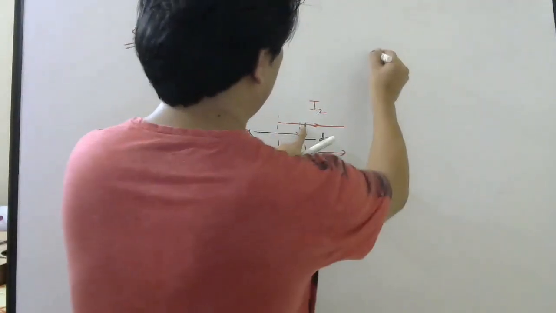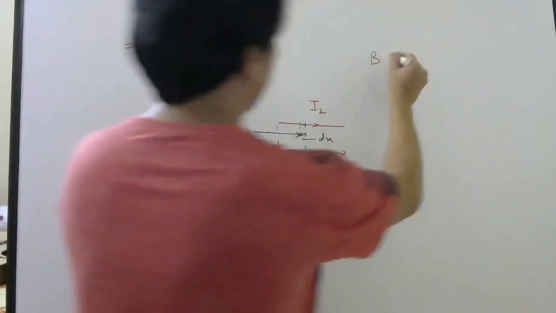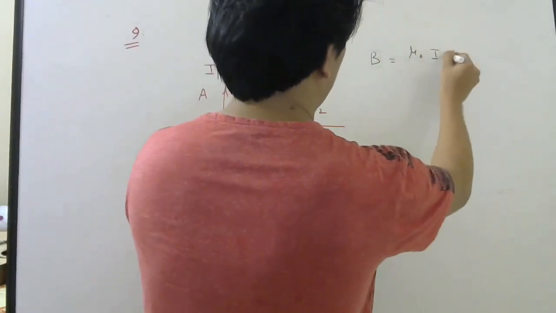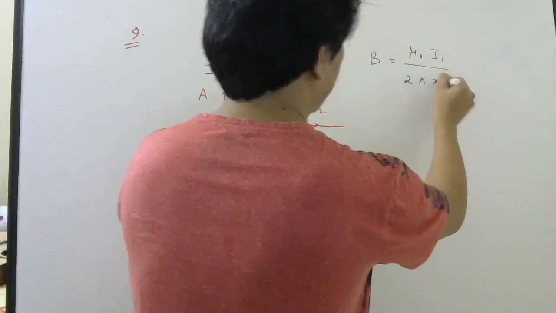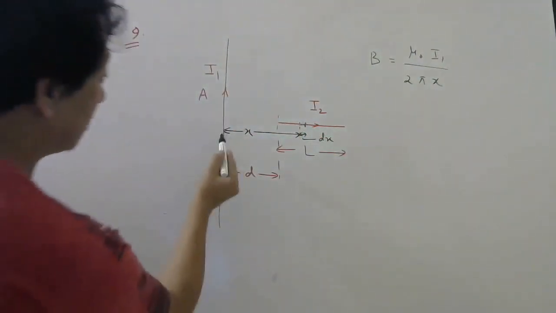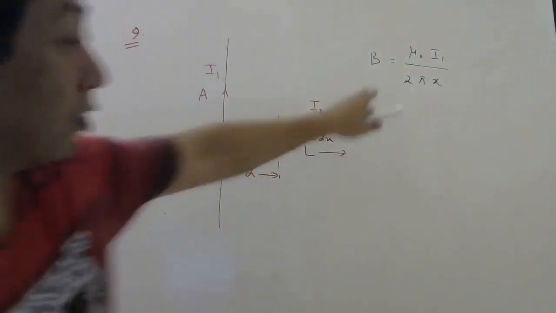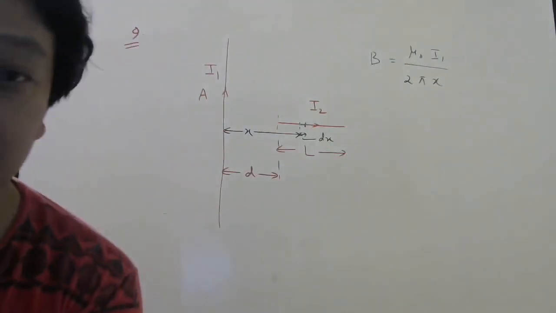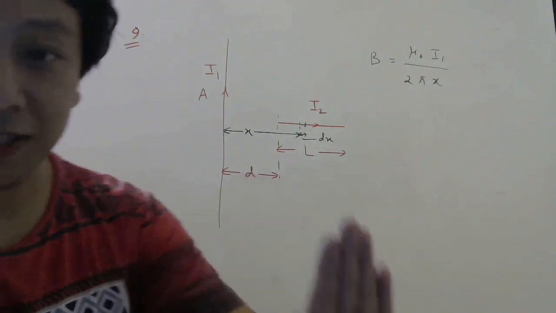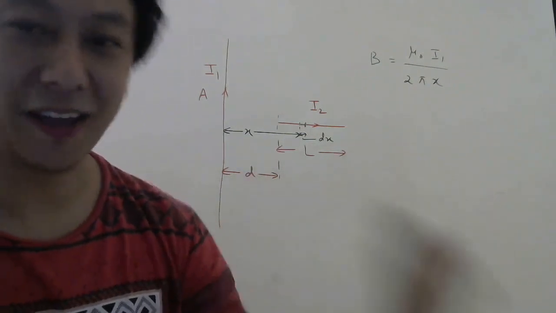Now, what will be the magnetic field here? Magnetic field here, due to this current, will be mu naught I1 by 2 pi x. Why x? Because this is the distance of this part from this wire, and we know the formula for magnetic field due to an infinitely long wire at a distance r or a or x.